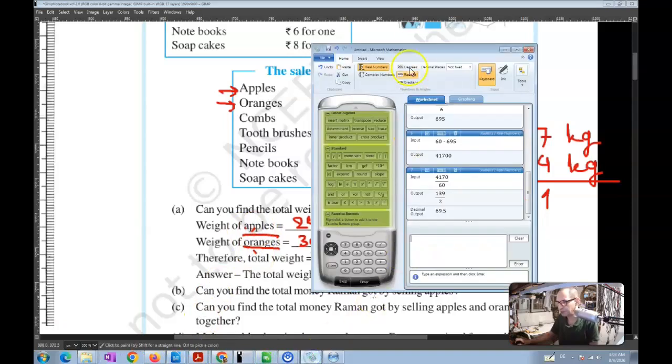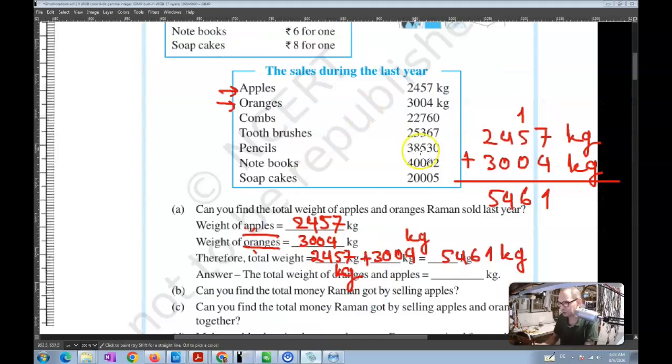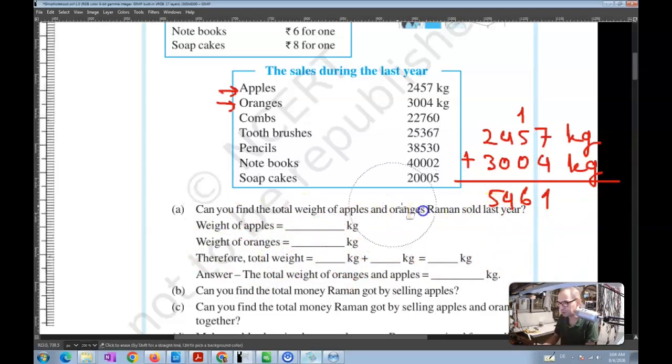And if you do this on a calculator again, 2,457 plus 3,004 is 5,461 kilograms in total, right? So that's the first part of the question.